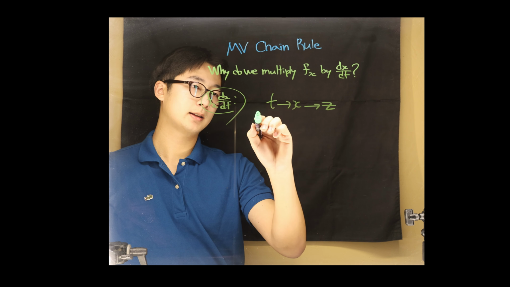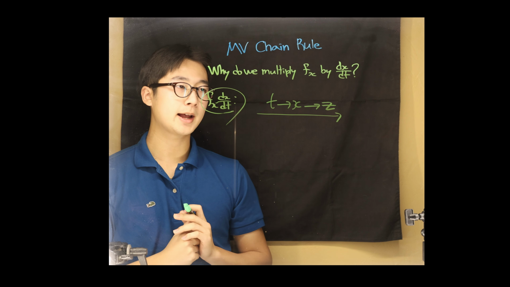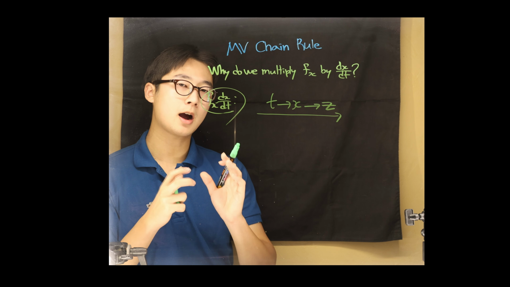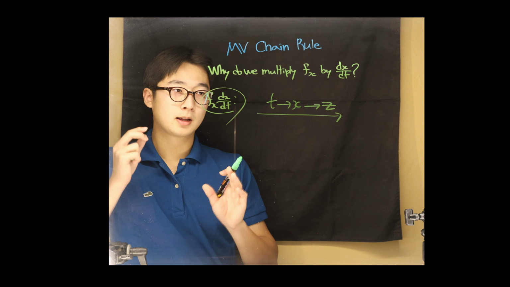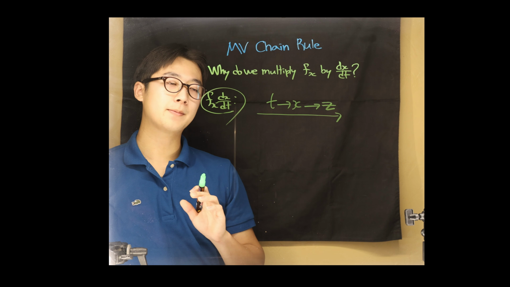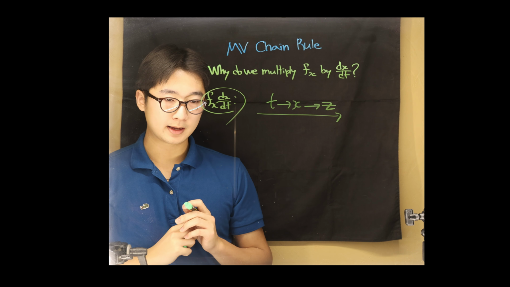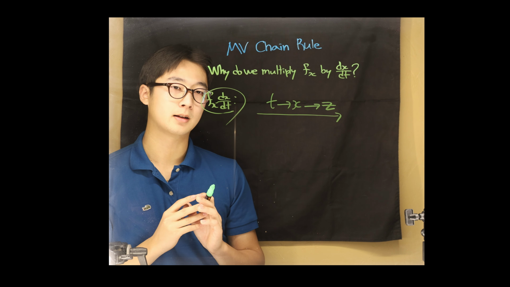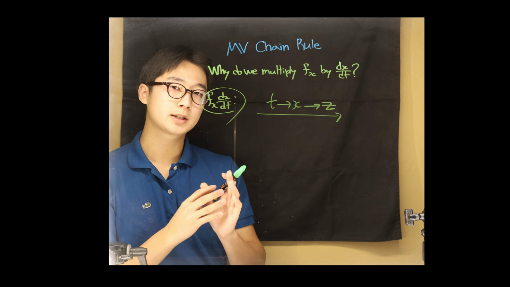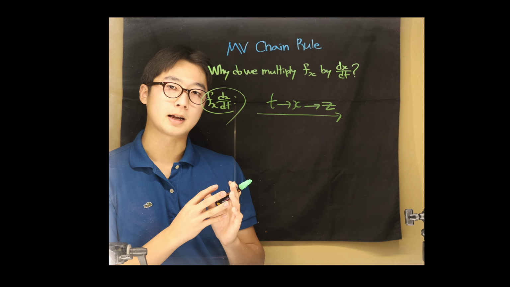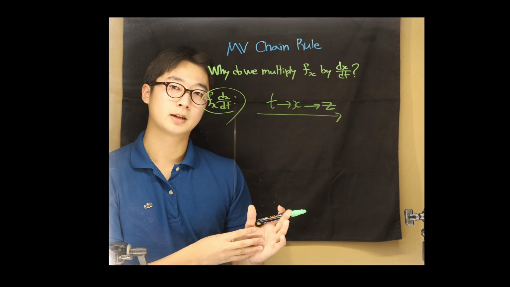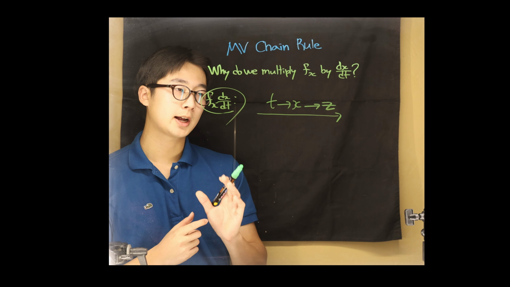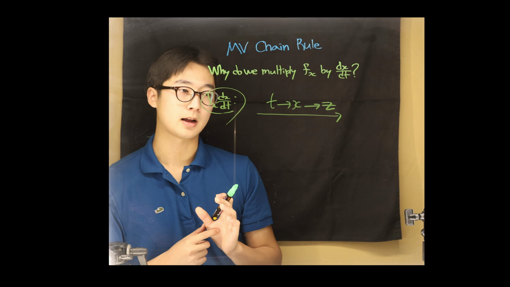So this is the path, and the reason why we multiply them is because of how rates of change compose. This is important, so let me give you an example. Let's say z changes twice as fast with x, and x changes three times as fast as t changes. Then how fast does z change? z changes 6 times as fast with t.